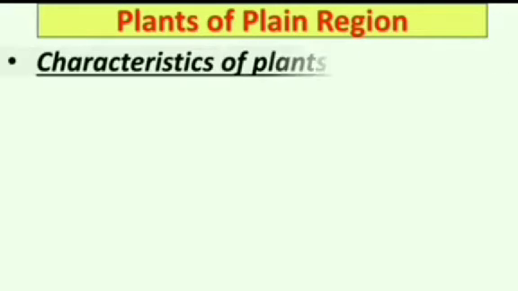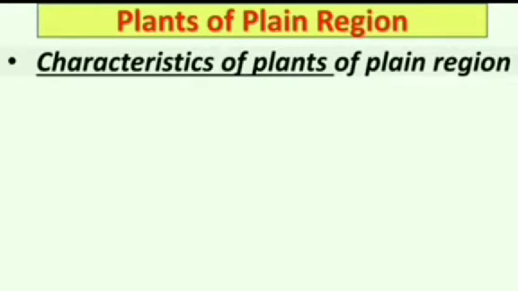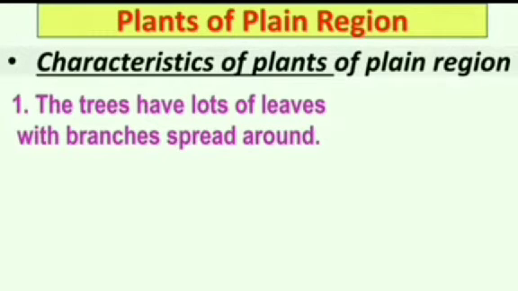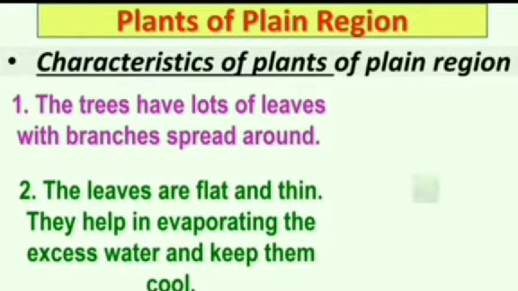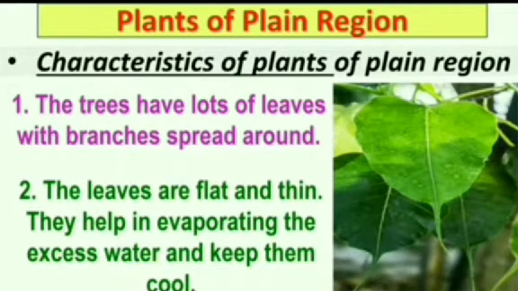Plants of plain region. Characteristics of plants of plain region. The trees have lots of leaves with branches spread around. The leaves are flat and thin. They help in evaporating the excess water and keep them cool.